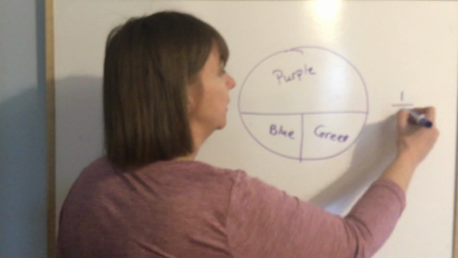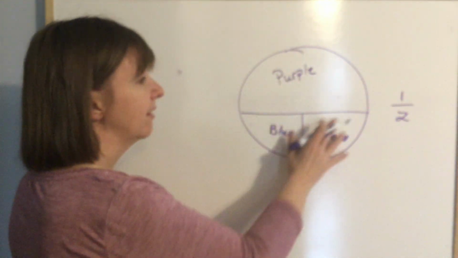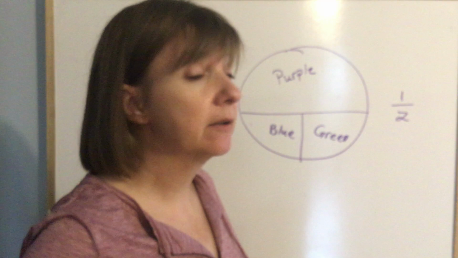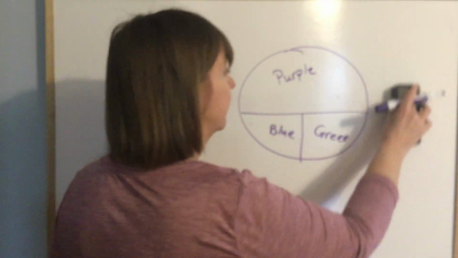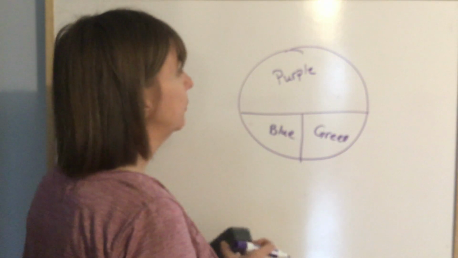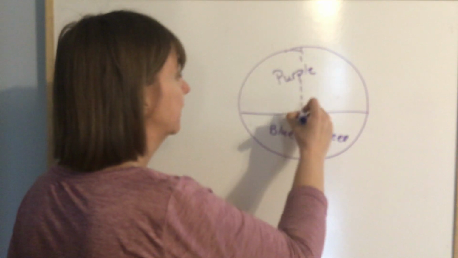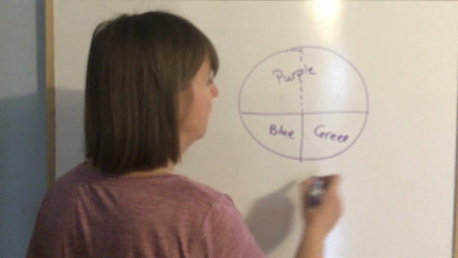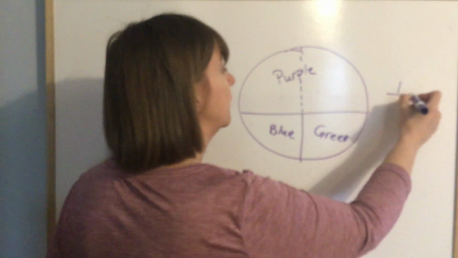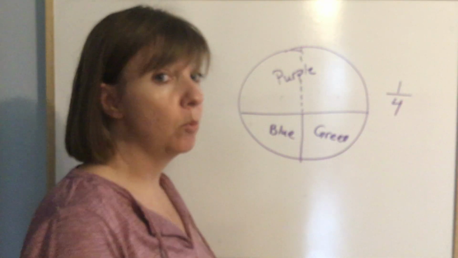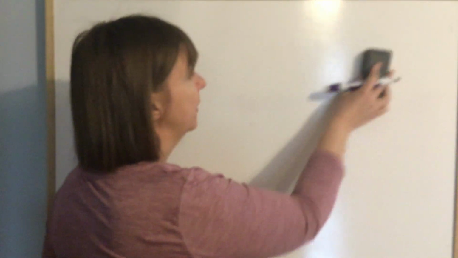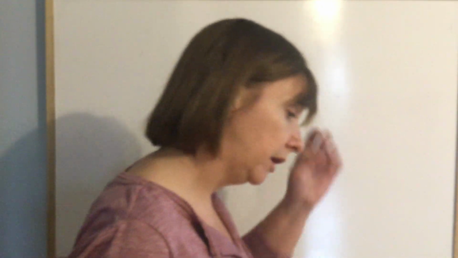It would actually be 1 out of 2 because half of the circle is purple, right? Whereas the probability of me getting blue, well, 2 of my spaces are purple, so the probability of me getting blue would actually be 1 out of 4, okay? So make sure that your spaces are equal size, because if they're not, then it throws your probability off.